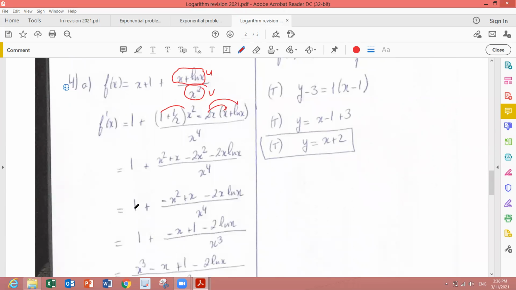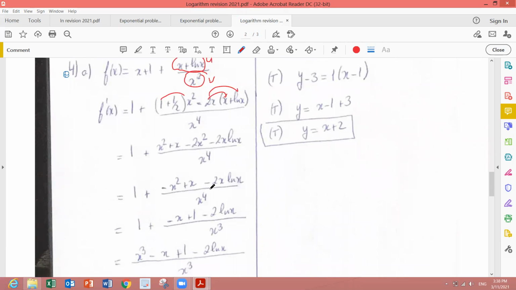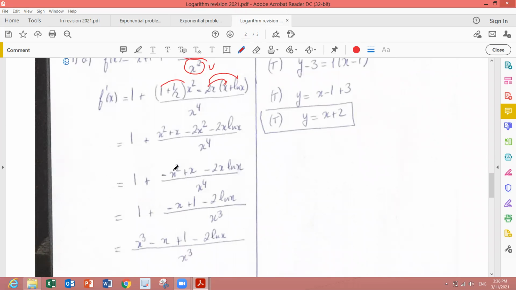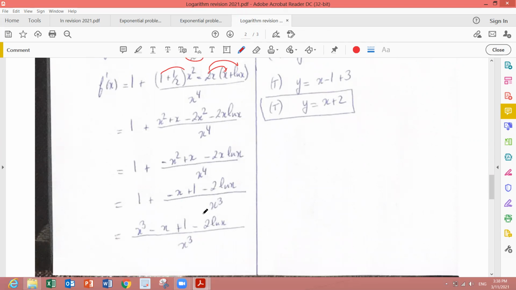It will be 1 minus x squared plus x minus 2x ln x over x power 4. We take x common and we simplify. It becomes minus x plus 1 minus 2 ln x over x cubed.